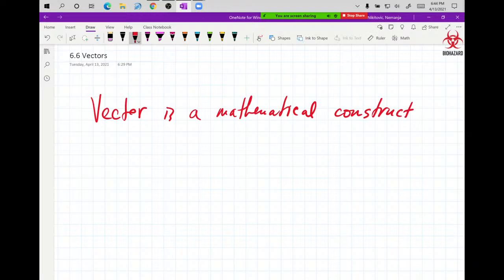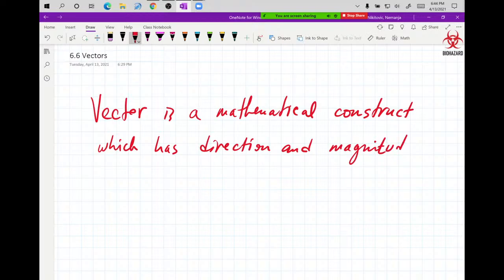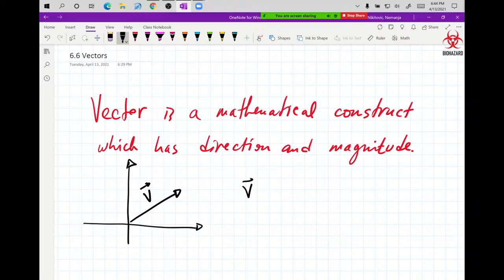So a vector is a mathematical construct which has direction and magnitude. It will be represented in the xy coordinate system as an arrow. You can call it a vector v, and you have to put this arrow on top.